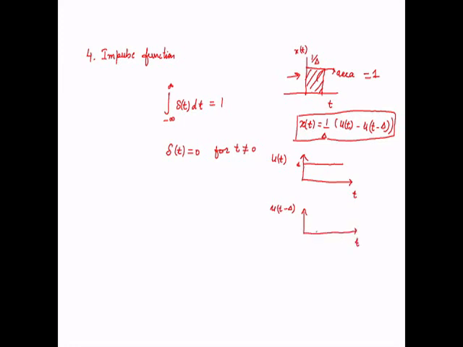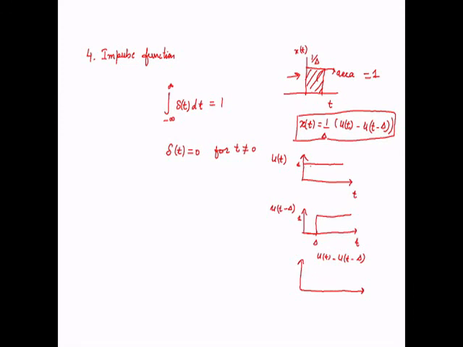Here it is going to start from delta, and the amplitude is again 1. If we subtract these two components, we will have our resultant function, which is u(t) minus u(t minus delta).